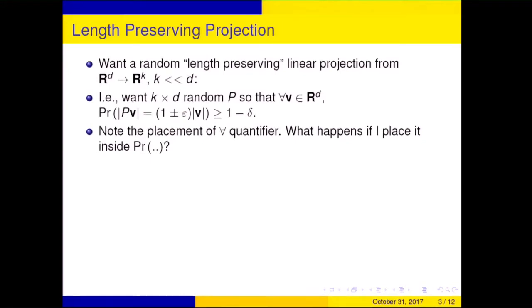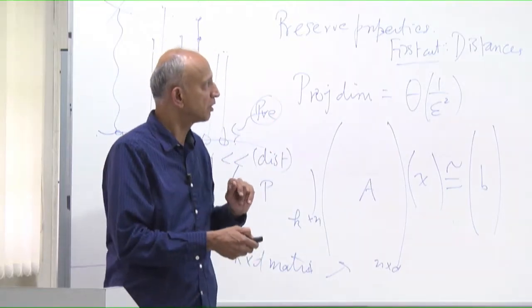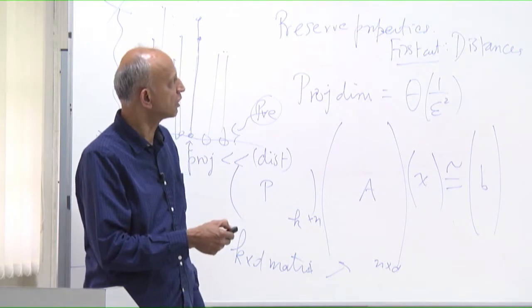Okay, a few observations before we prove the theorem. I put the quantifier for all outside the probability, right? So this says for every v, probability is this high, right? So let's understand that that's important. What if I place the quantifier inside?